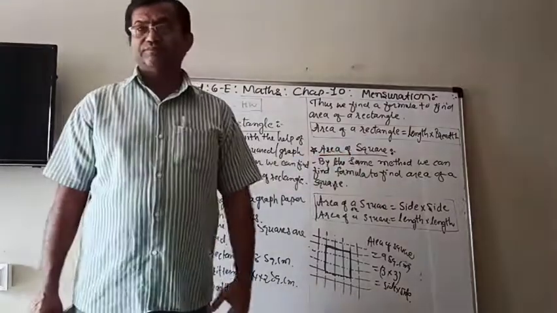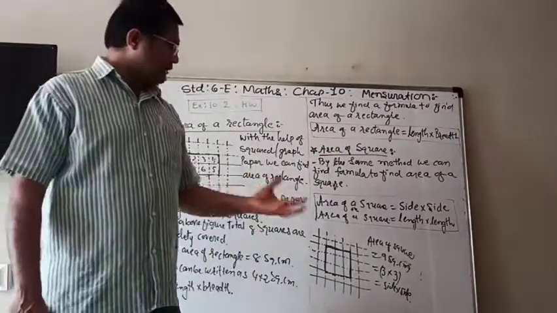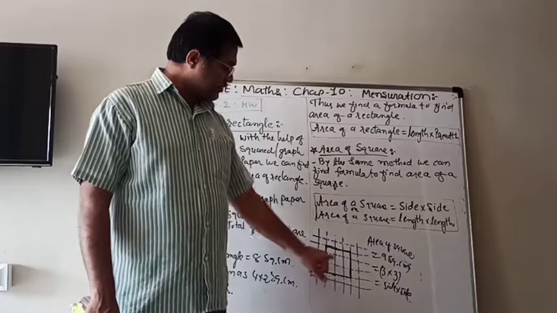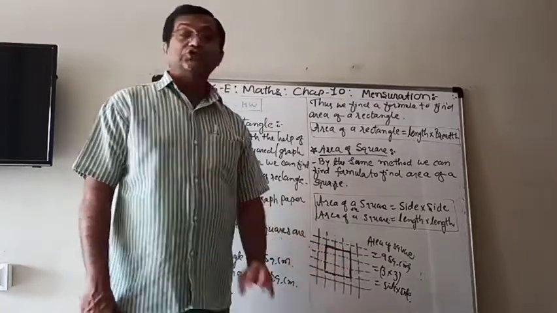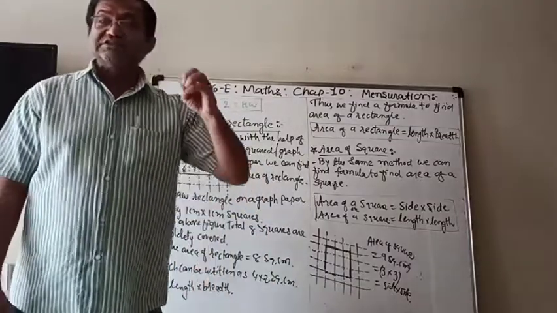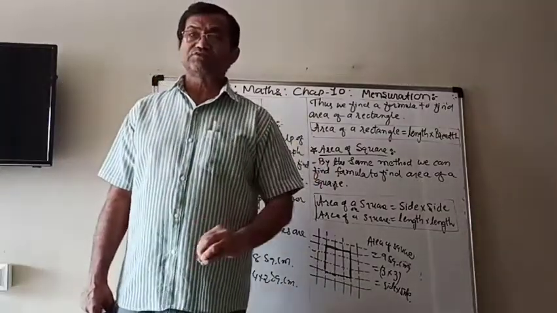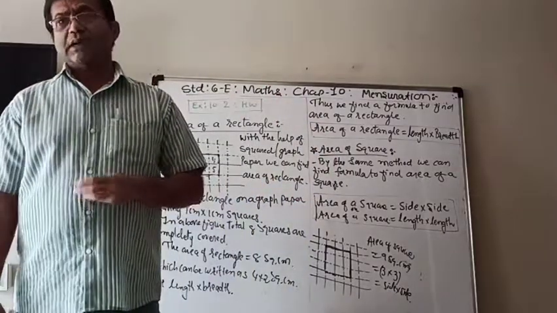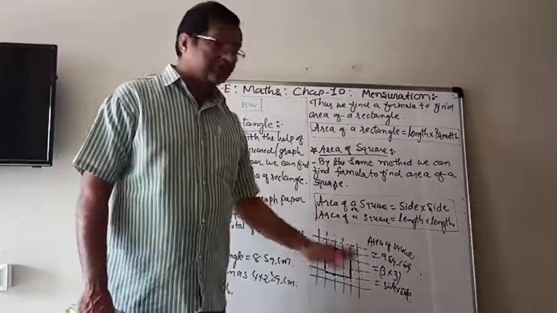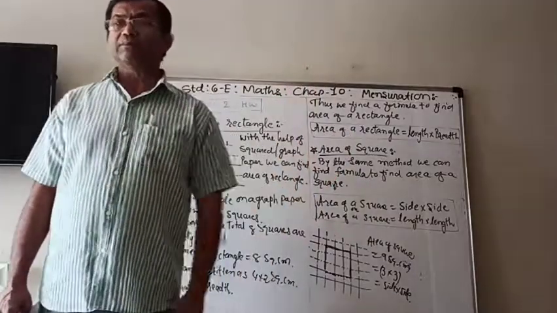Similarly, square. When you have the square like this, here you can see 1, 2, 3, 4, 5, 6, 7, 8, 9. Total 9 squares are enclosed. So its area is 9 square centimeter. But 9 can be written as 3 into 3 because 3 in the row, 3 in the column.